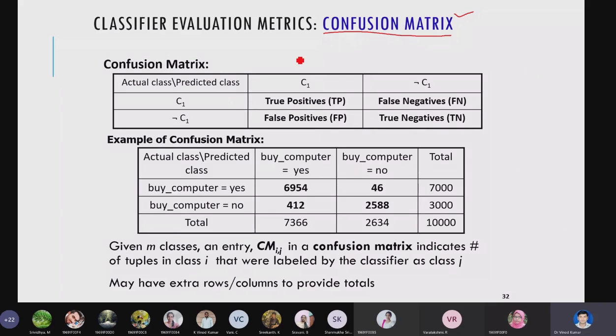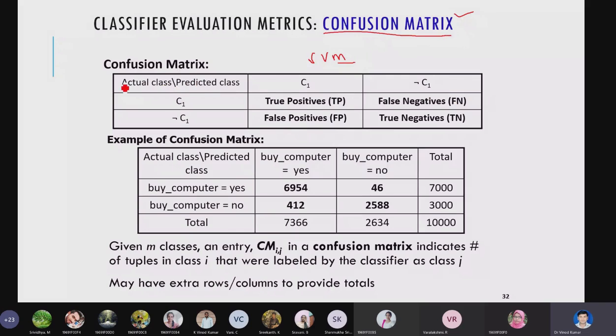We first create the confusion matrix, and it is nothing but a tabular representation of the results obtained after the execution of the method. Suppose I am using the SVM, so for SVM I will get some results, and based on that I add these values here.